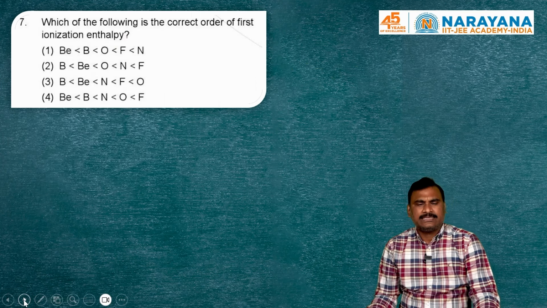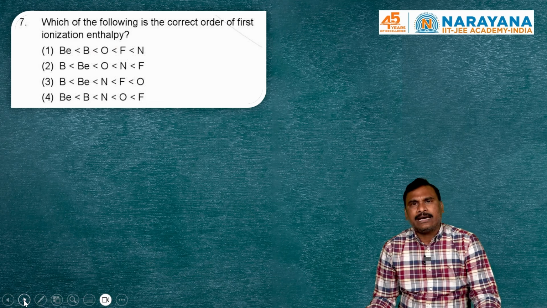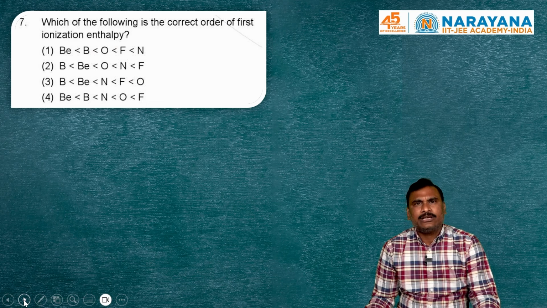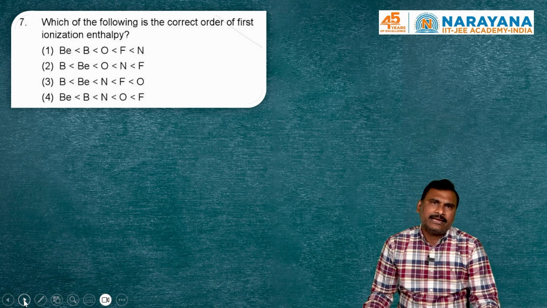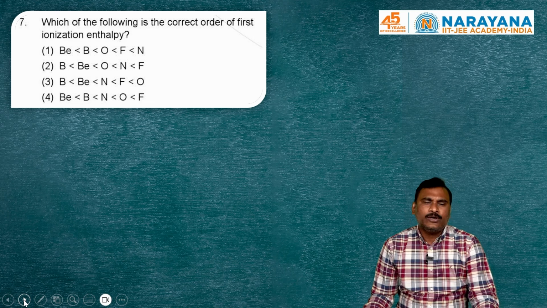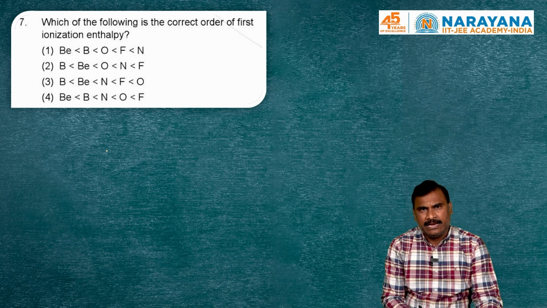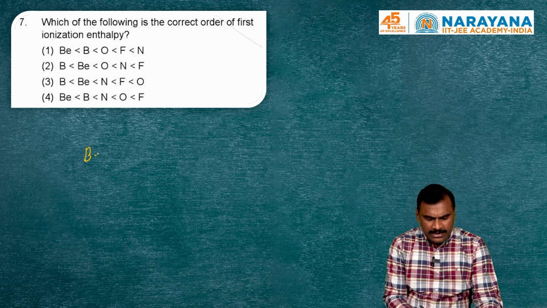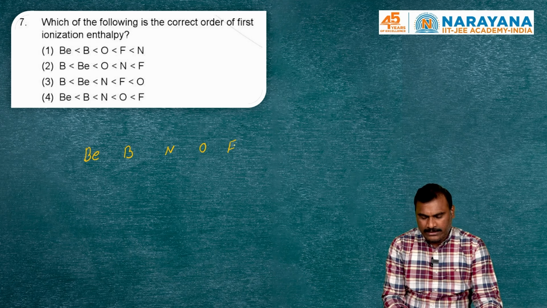Now, question number 7. Which of the following is the correct order of first ionization enthalpy? The given elements are second period elements, that is beryllium, boron, nitrogen, oxygen, fluorine.